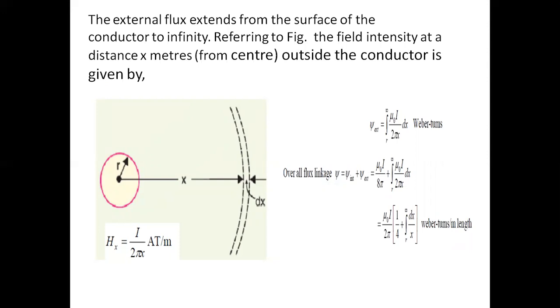I will take the distance as x. From this distance x, for calculation purposes, I will take one small differential area dx. First, I'm going to find the flux linkage in this dx area. After that, I'm going to integrate that equation from 0 to x. Then I will get the total flux linkage due to the external flux.